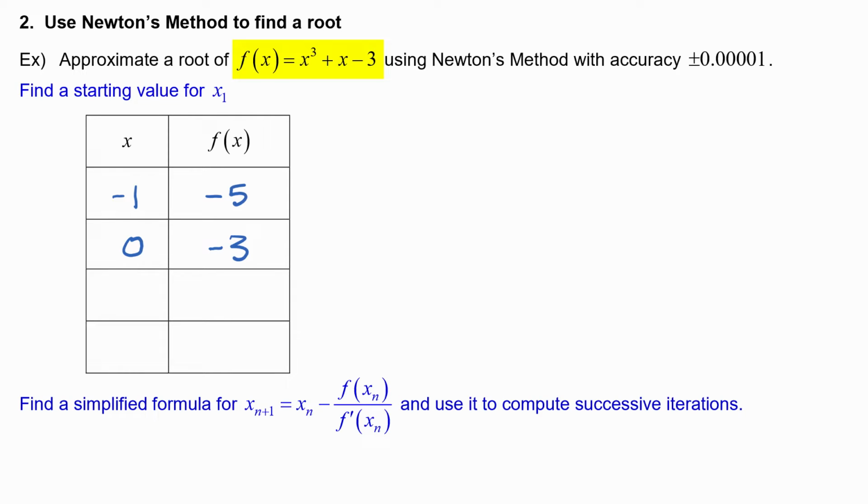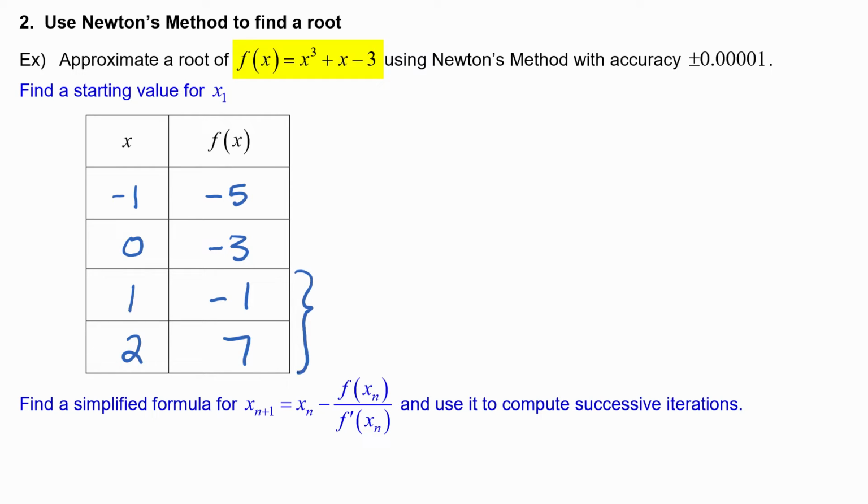So in this case, there was not a sign change. Both of those are negative. We could try 1, and we would have 1 plus 1 is 2, minus 3 is -1. We could try 2, and we would get 8 plus 2 is 10, minus 3 is 7.